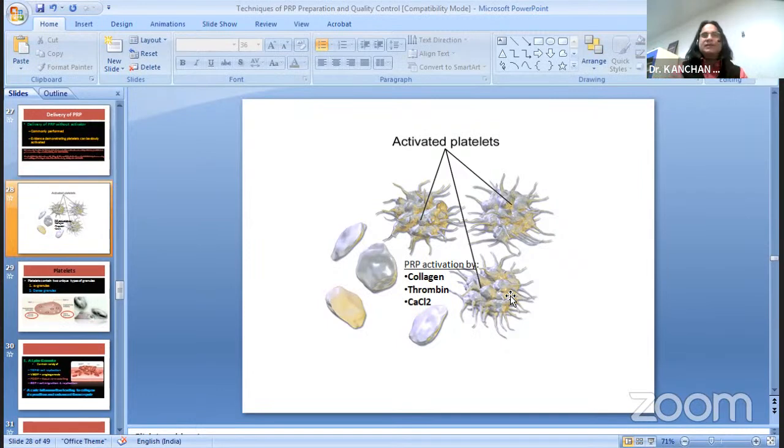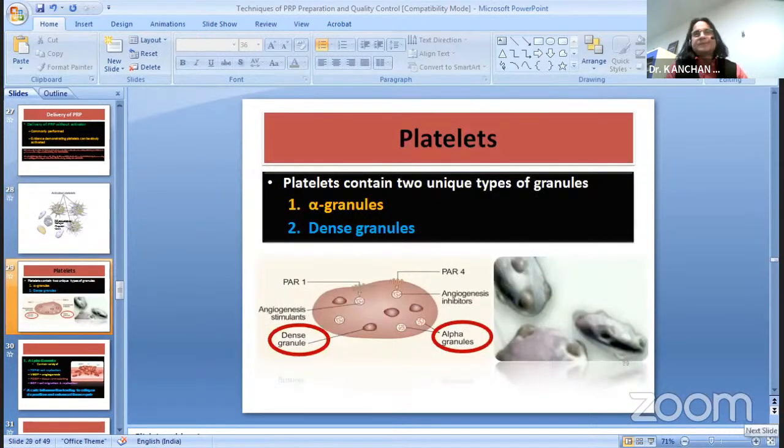First is exogenous. You have to add something from the outside, like collagen, thrombin, calcium chloride. Second is endogenous. You do not need to add anything from the outside to the PRP to activate it. Endogenous means you just give the cold shock. That has already been standardized in our laboratory. That is a good activation method.